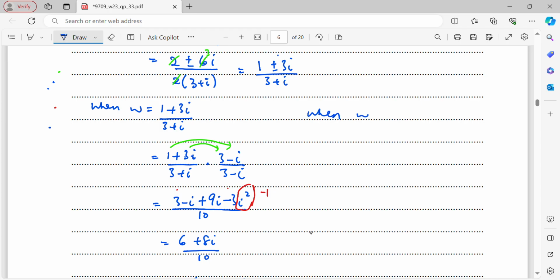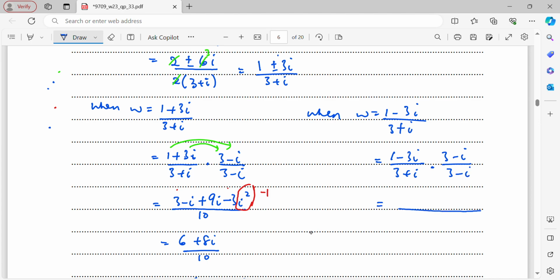So when w is (1 minus 3i) over (3 plus i), use the same method to simplify. Then you will be getting (1 minus 3i) over (3 plus i) times (3 minus i) over (3 minus i), the conjugate of the denominator.